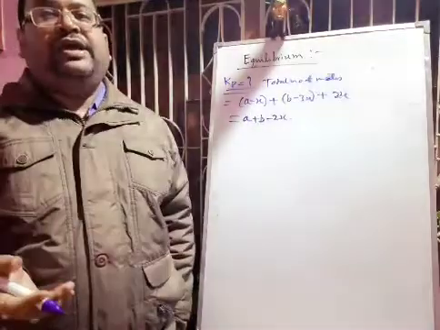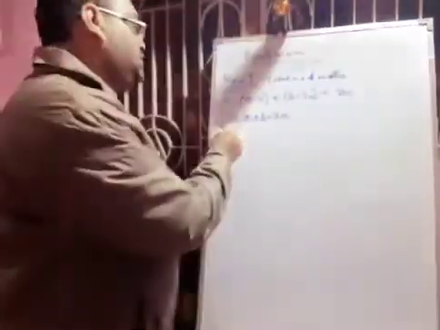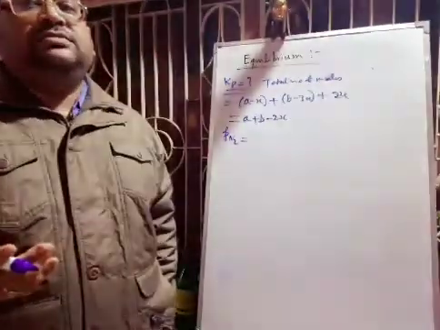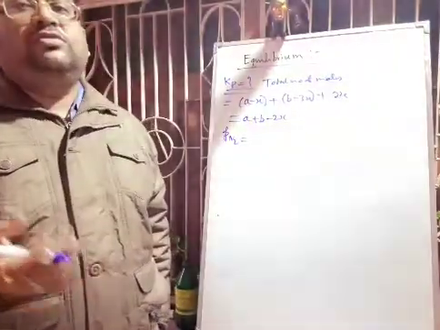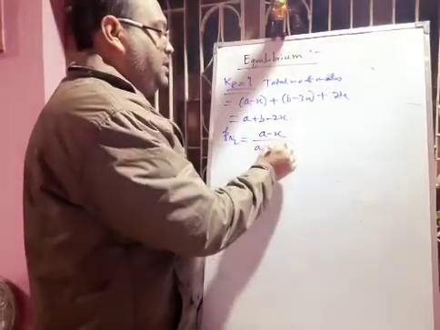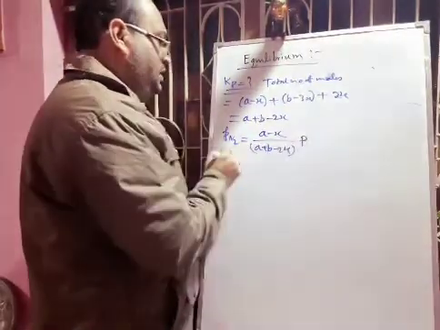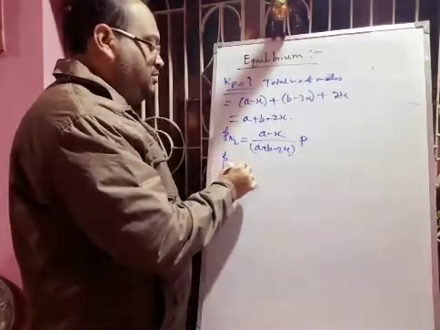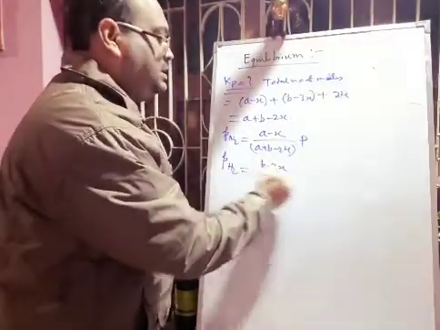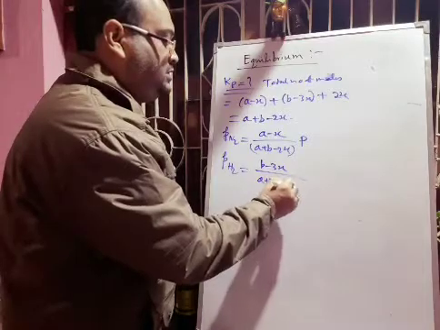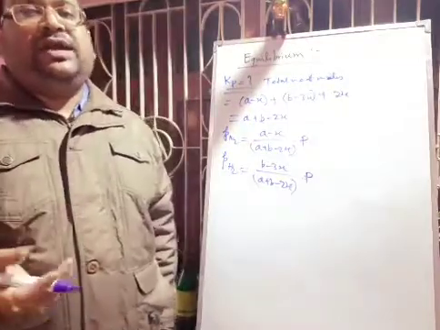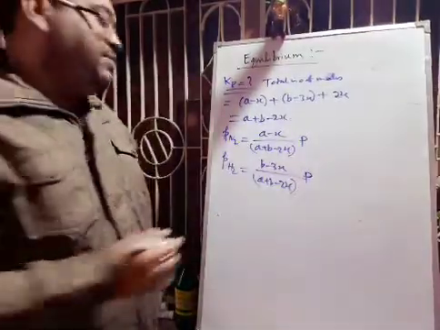In the same way you have to find the partial pressure of nitrogen. That will be the number of moles of nitrogen divided by the total number of moles into P. That means A minus X divided by A plus B minus 2x into P. In the same way, the partial pressure of hydrogen will be B minus 3x divided by A plus B minus 2x into P. And in the same way, what will be the partial pressure of ammonia?